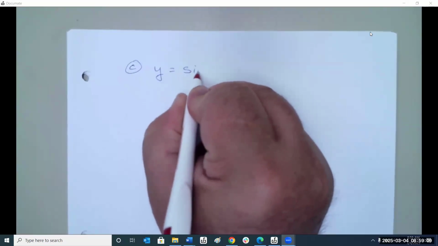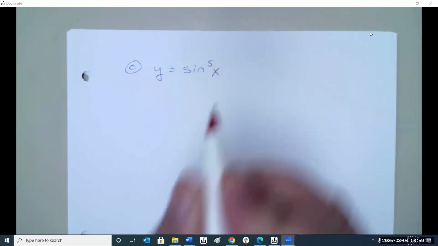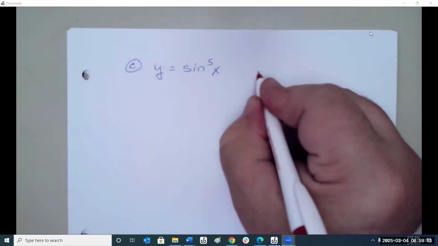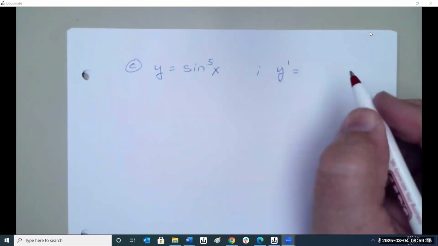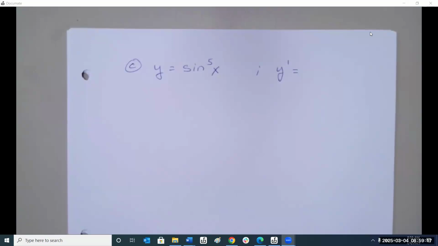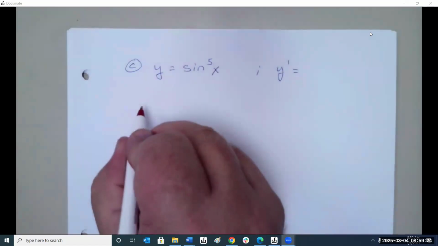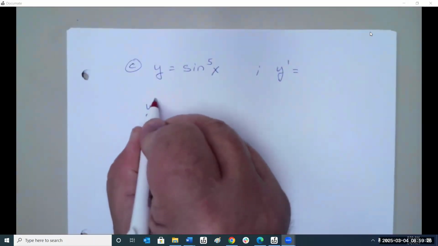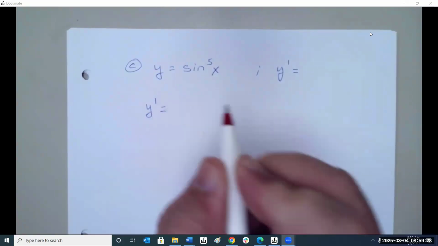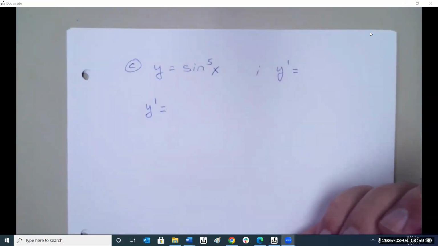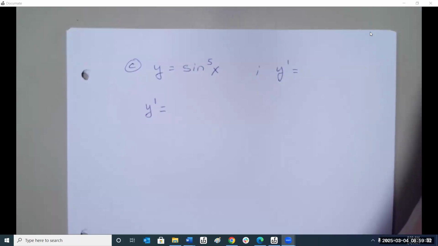Y equals sine to the 5th of x. Find the derivative. So what's the first thing we do?